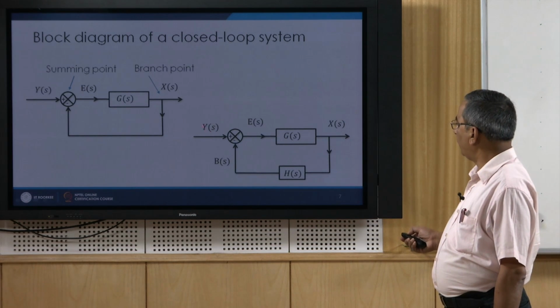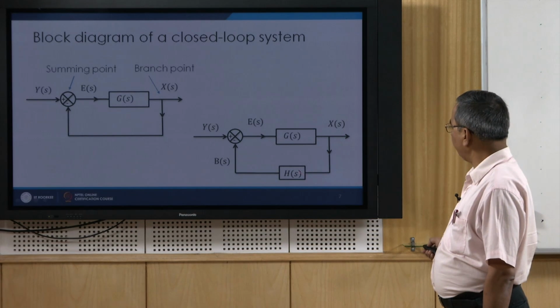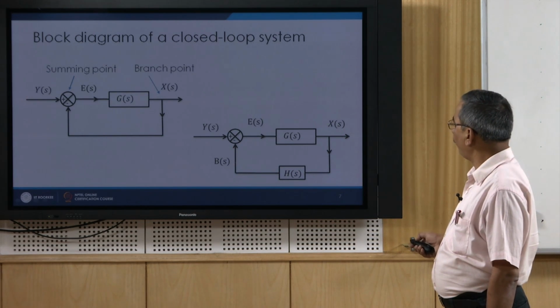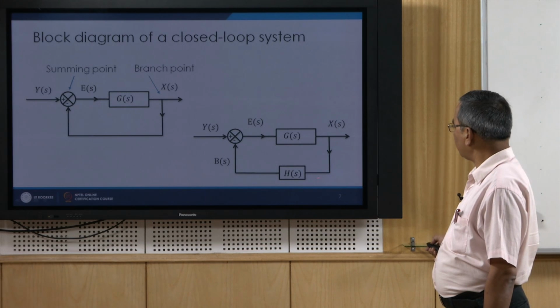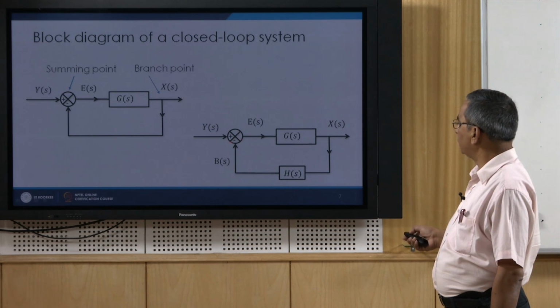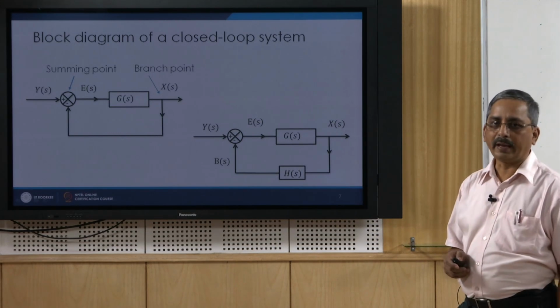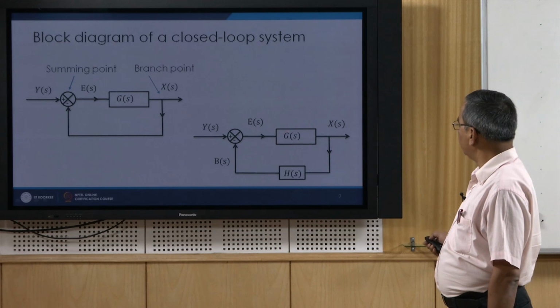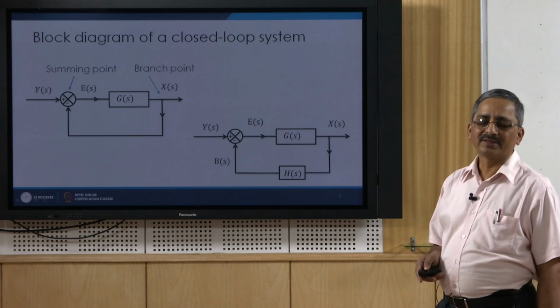So the input signal is some voltage, and this temperature signal can be converted into a voltage signal. So basically this Hs does the role of converting the temperature signal into a voltage signal, and then of course this can be compared and the error can be found out.